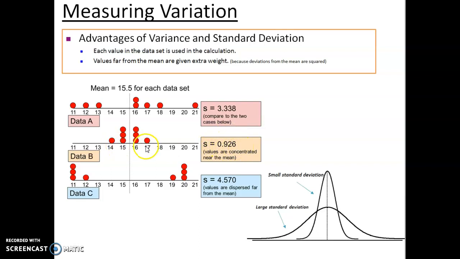And that visually makes sense, right? Because most of the data points are close to the mean. Whereas data set C has the greatest standard deviation. And that makes sense because we have values that lie farthest away. We have a lot of outliers from the mean. And then data set A is in between.